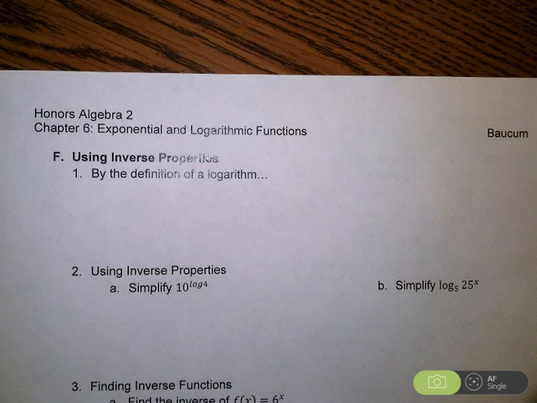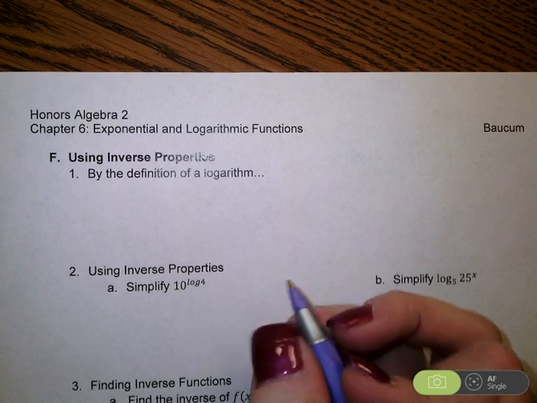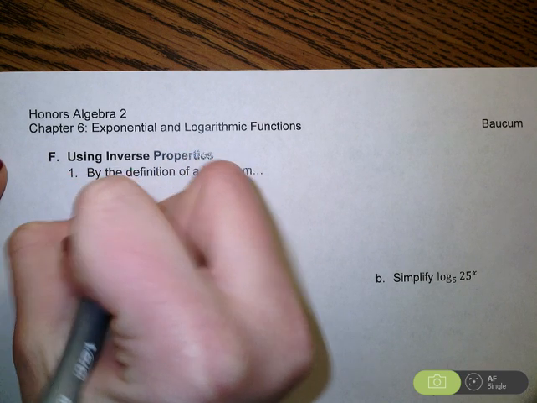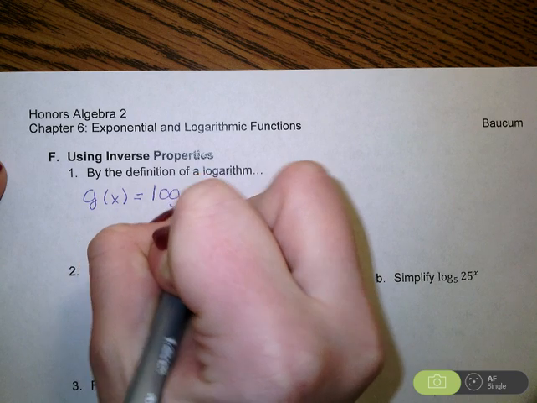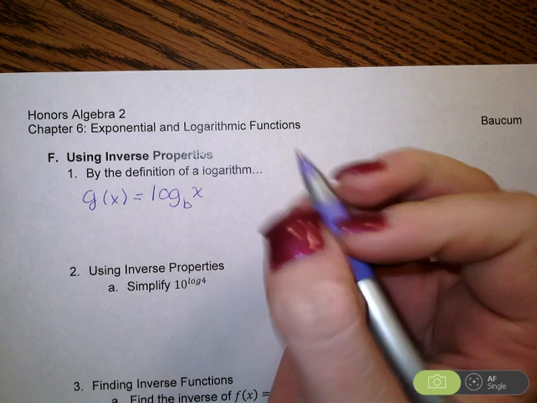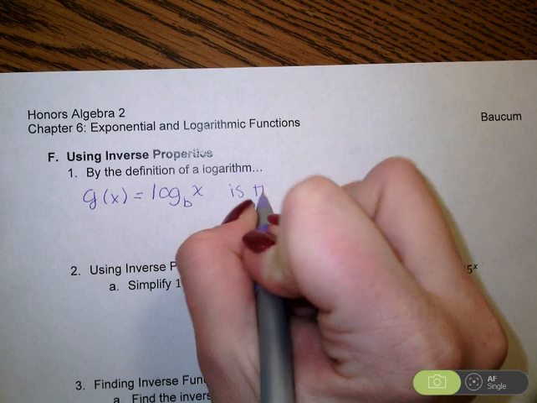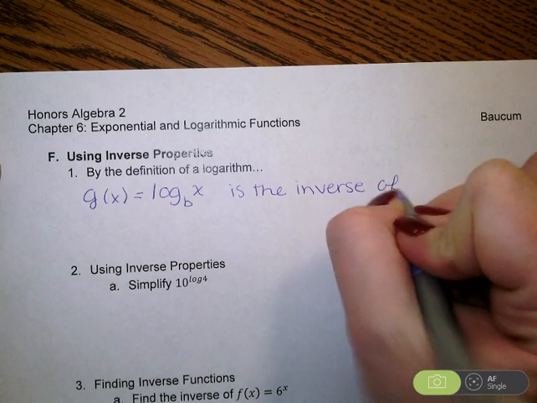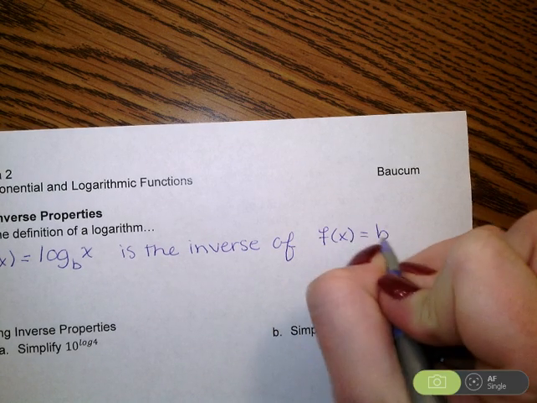All right, so here's some fun things to learn. By the definition of a logarithm, if I give you something like g of x is equal to log base b of x, so any base is fine, g of x is the inverse of f of x equals b to the power of x.